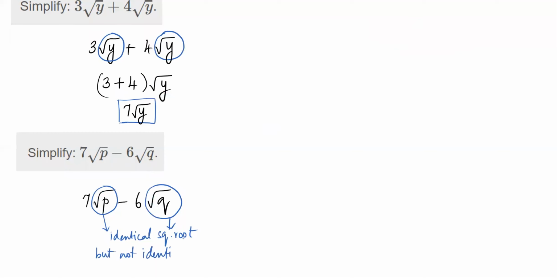One is a P, the other is a Q. If they are not identical in both respects, they are not like square roots, which means even though you could subtract 7 minus 6, meaning you're able to get a number for that, we still can't do all that here because they are not compatible to even combine. Okay? So the result is that this implies not like square roots.